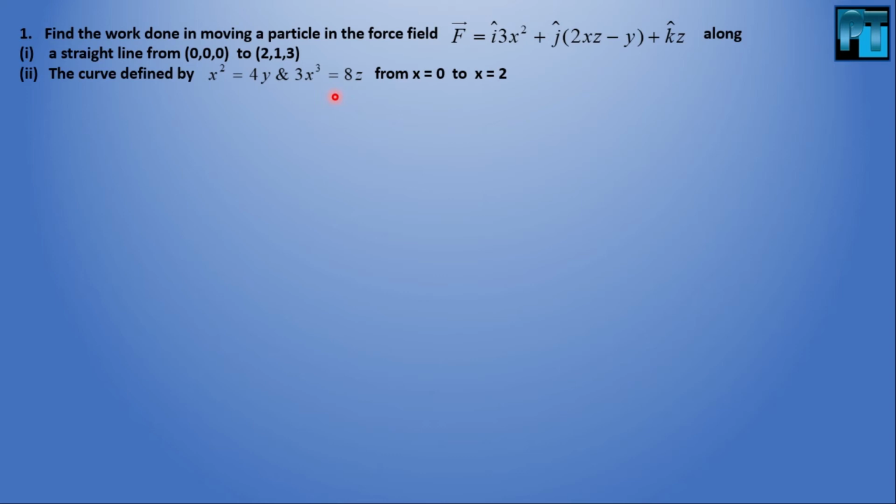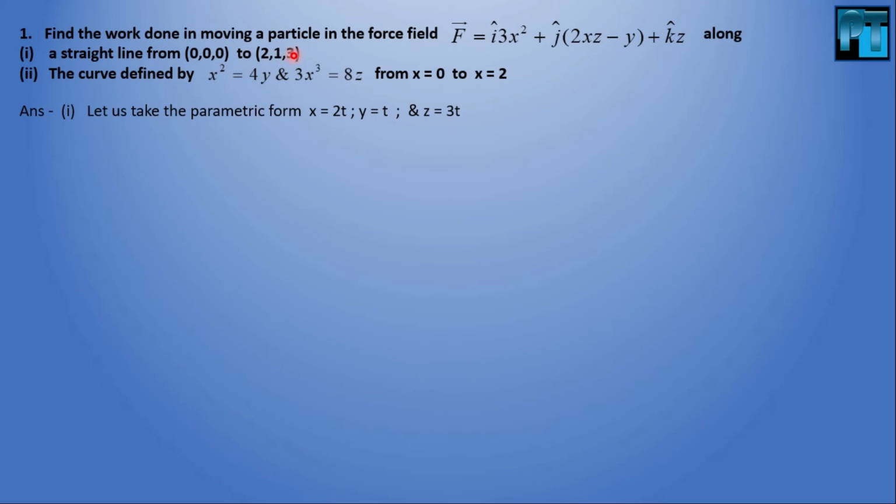Now for the first case we have to use a parametric form of some kind. Let's see how. Let's take the parametric form x equals 2t, y equals t, z equals 3t. Now from where do this 2t, t and 3t come from? From this point.